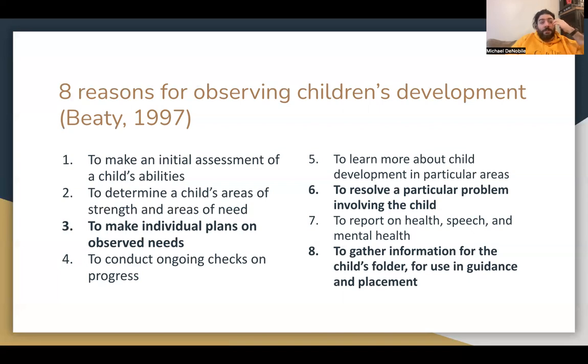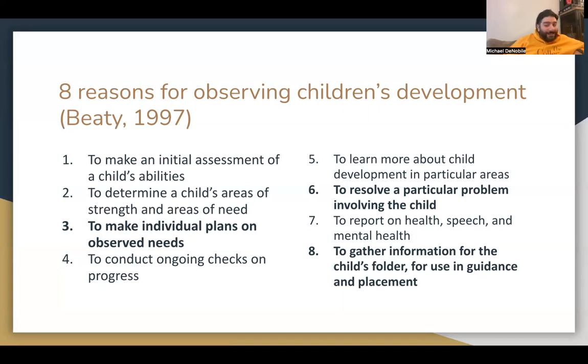So oftentimes, I'm dual certified in special education, and therefore, one of the first and last things you're supposed to do as a special education teacher in any given year is you're supposed to spend the first 2 to 3 weeks observing and the last 2 to 3 weeks observing in order to have evidence to put into the students' IEP reports.